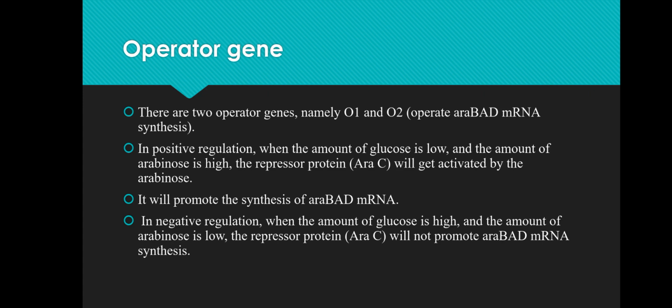Now the repressor protein will get activated by arabinose, and this promotes the synthesis of RBAD mRNA. The negative regulation occurs when glucose is high and amount of arabinose is low. Here, the repressor protein will not promote RBAD mRNA synthesis.